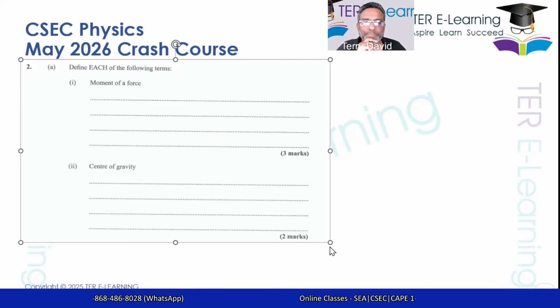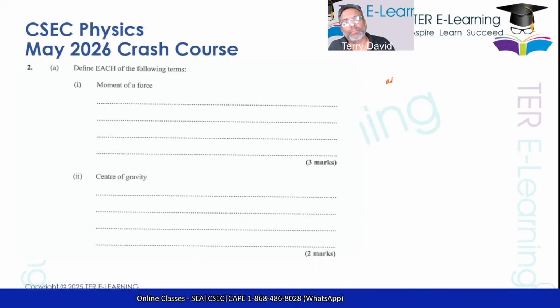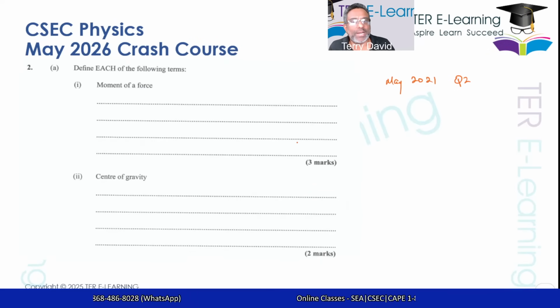All right, so first of all, this is May 2021, and this is question 2. You all asked about moments, and this is a moments question here. The first part says define each of the following terms.